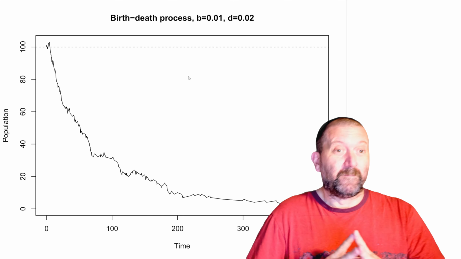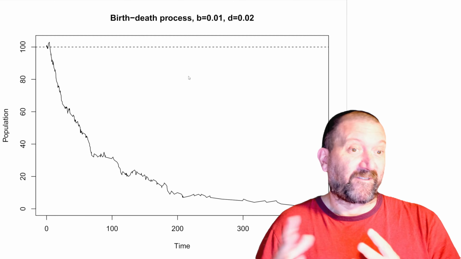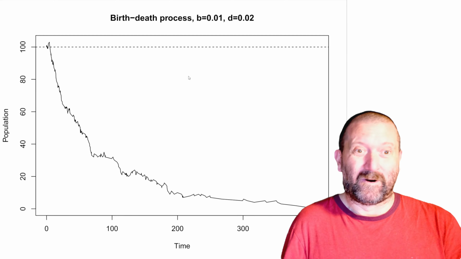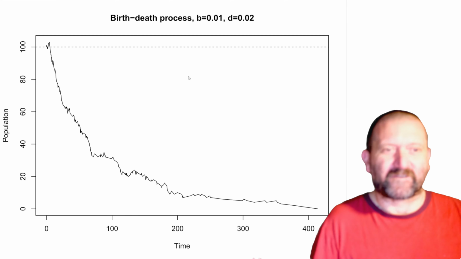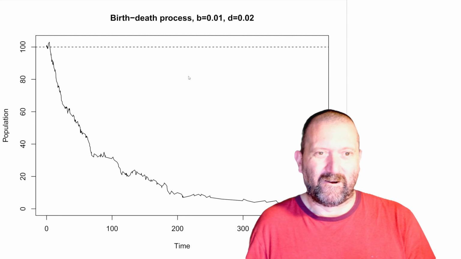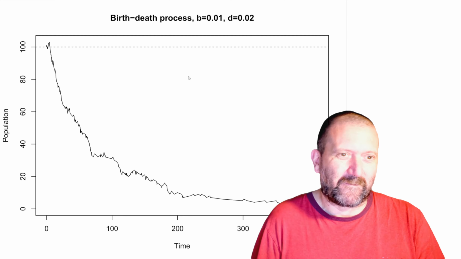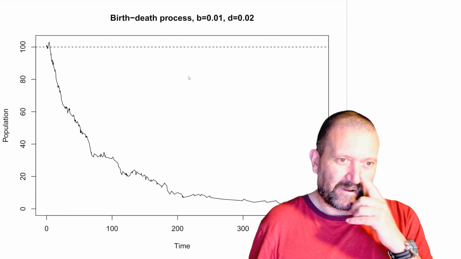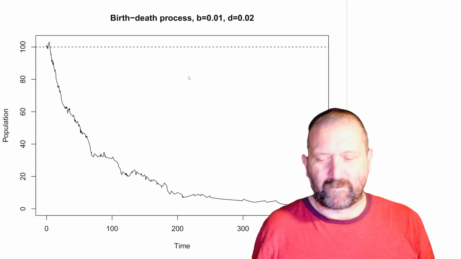Okay, so when the birth is smaller than the death, the ODE and the Markov chain predict the same thing, which is essentially the population is going to crash. Okay, because n prime is negative if you think about the ODE. That means the population is going down. So here you can see that it's going down.